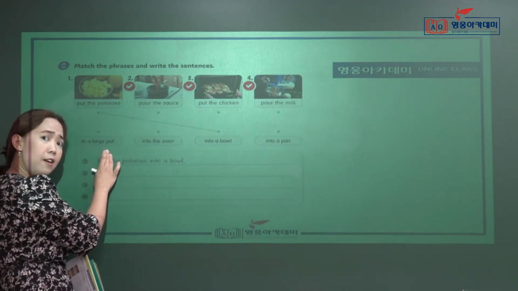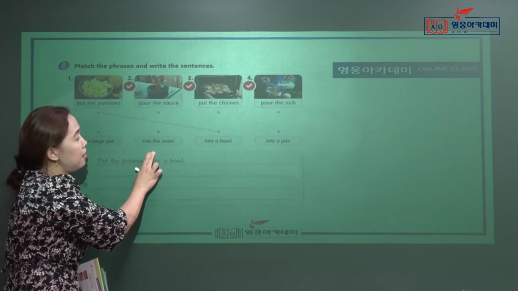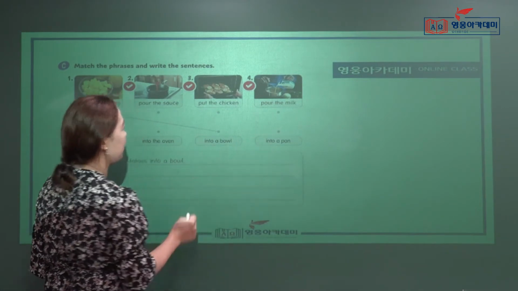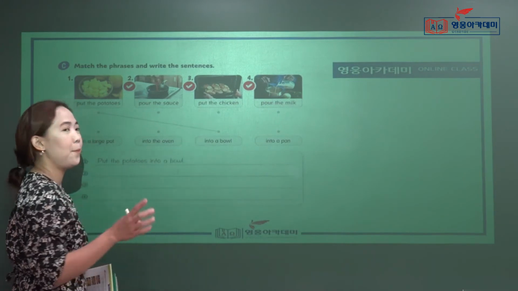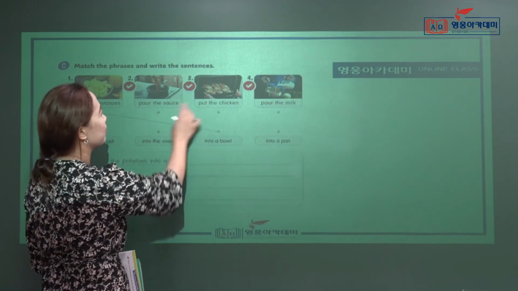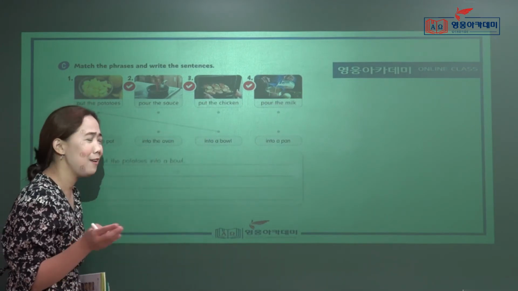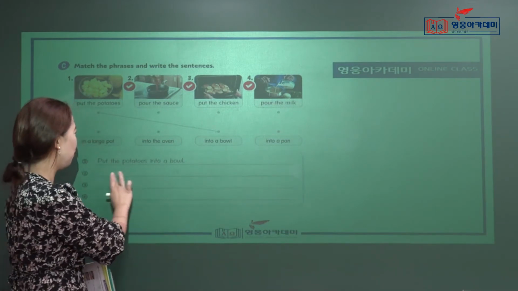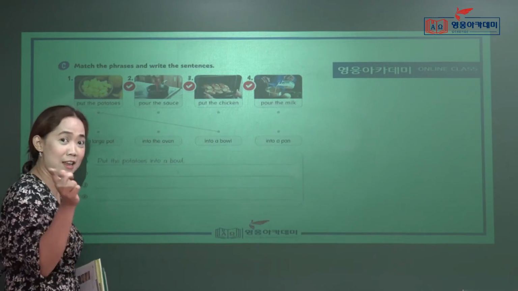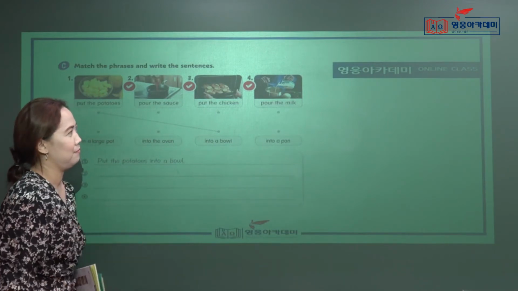In a large pot? Into the oven? Or into a pan? What is the correct answer? Number 3, put the chicken. Where is this? Is it in a large pot also? Into the oven? In a bowl or into a pan? Write your answers here, right now. No more hints.